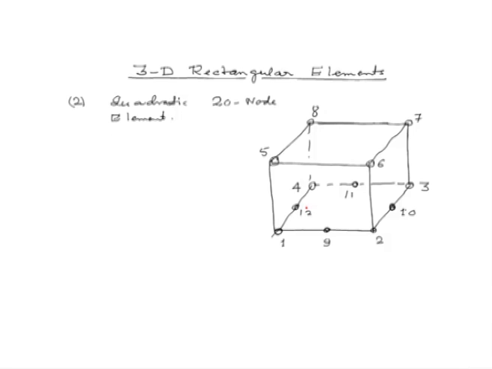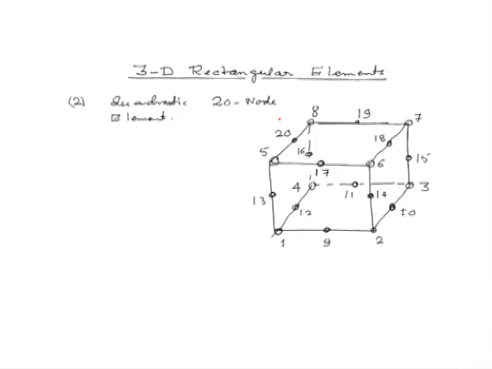Next we will have a look at the vertical ones: 13, 14, 15 and 16, and after that we will have the top midpoints, the top sides: 17, 18, 19 and 20.